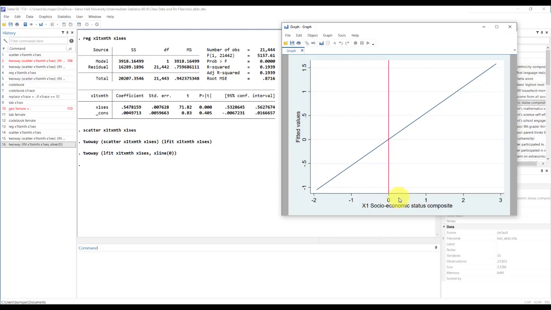It's very important. But going back to our graph here, if we move 1 unit to the right on our x-axis and we move up here, we see that the corresponding y value is around 0.5, just a little bit over that, which is the same as the coefficient here. And we could even extend that and say, well, what if we go 2 units to the right on our socioeconomic independent variable?